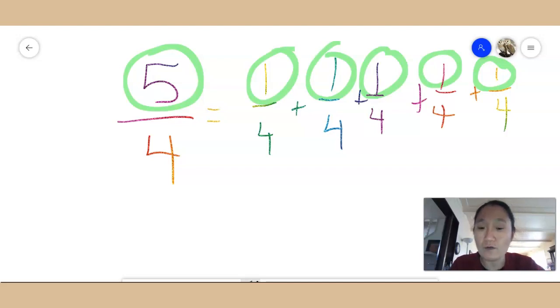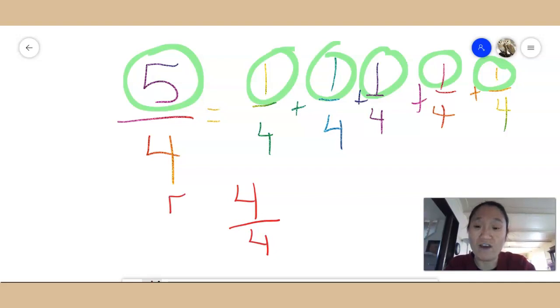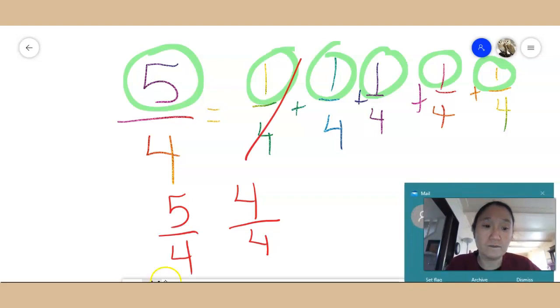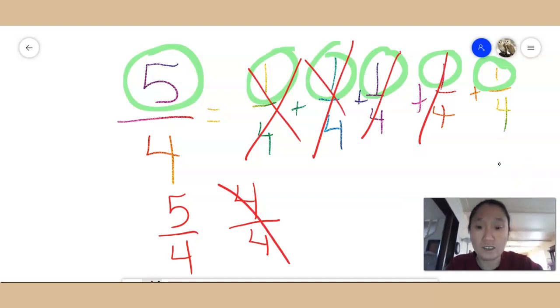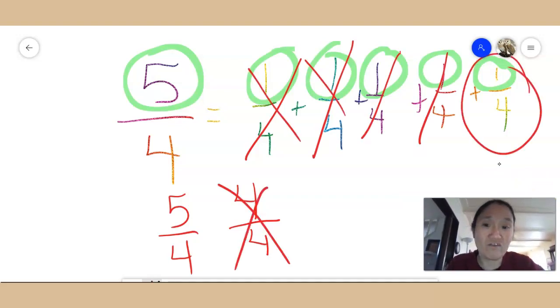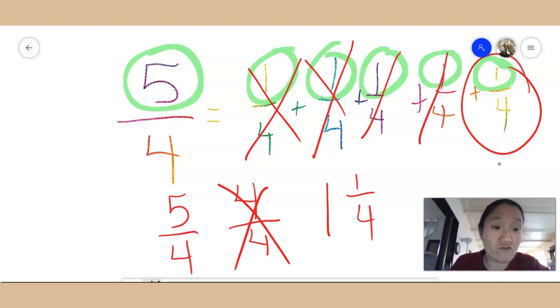Now, we already know that out of that 5/4, 4/4 is one whole. If we had 5/4 and we took 1, 2, 3, 4 of those out, we'd have this 1/4 left. So if we took one whole and took out the 1/4, that would give us a mixed fraction.